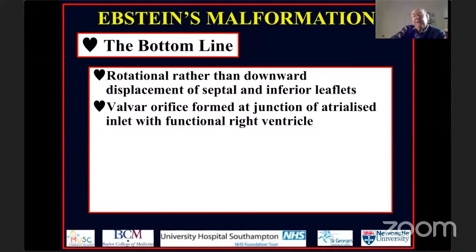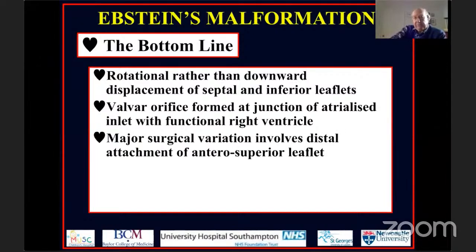And because of that, the valvar leaflets are hinged now at a junction between the atrialized inlet and the functional right ventricle made up of the apical trabecular and the outlet components.